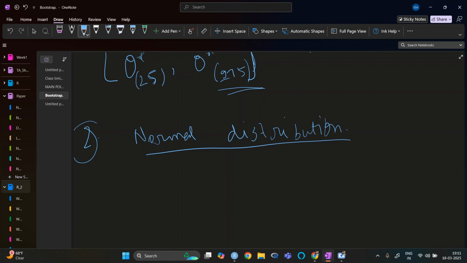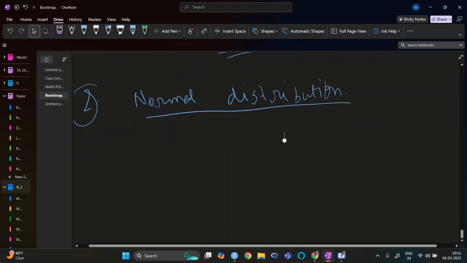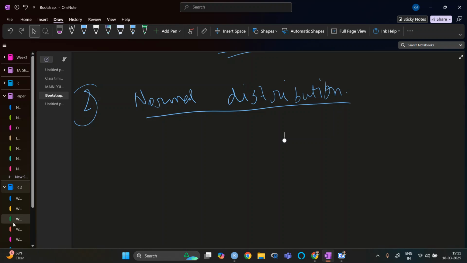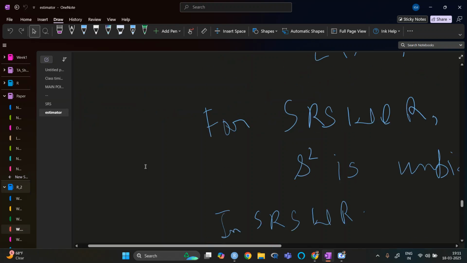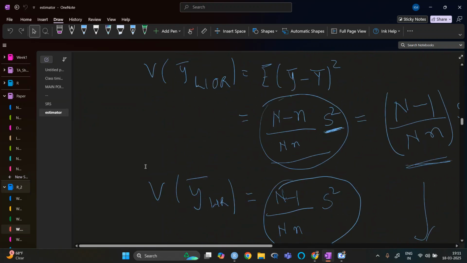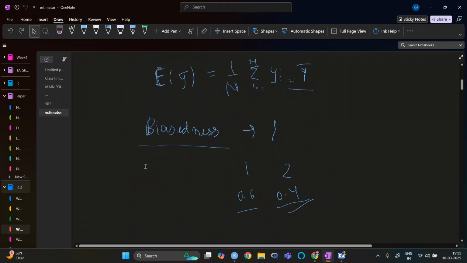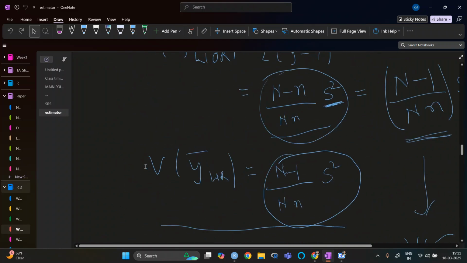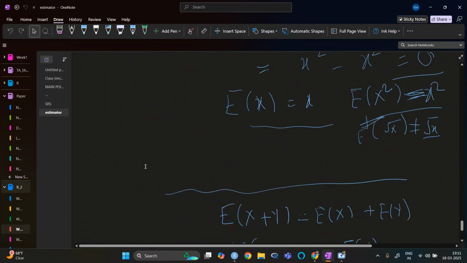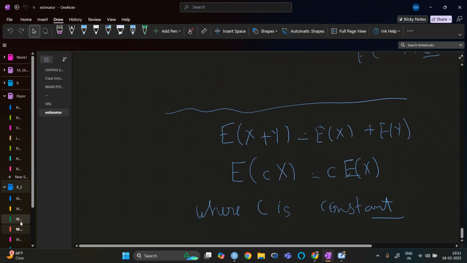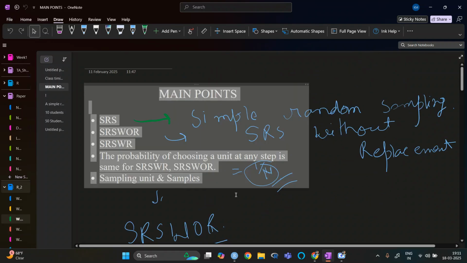So the approach to consider here, in the normal distribution, if you may remember, I have done this somewhere. Not in this class.